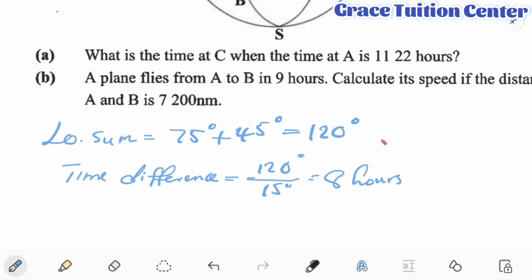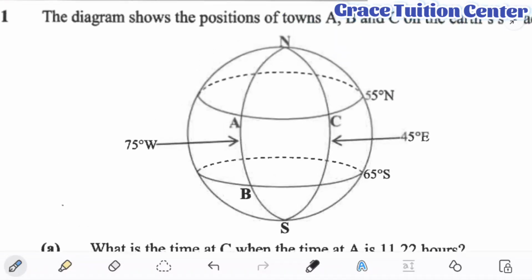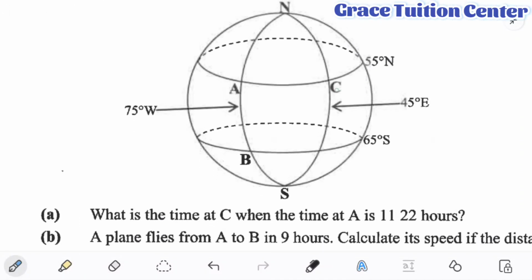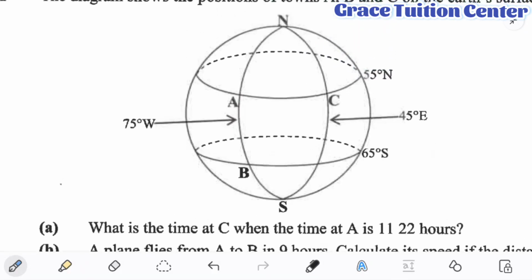Therefore, town C, since it's on the eastern part of A, is 8 hours ahead of town what? A, because each 15 degrees there results in 1 hour gain. So since it's on the eastern part, we can confidently conclude that town C is 8 hours ahead of town A.